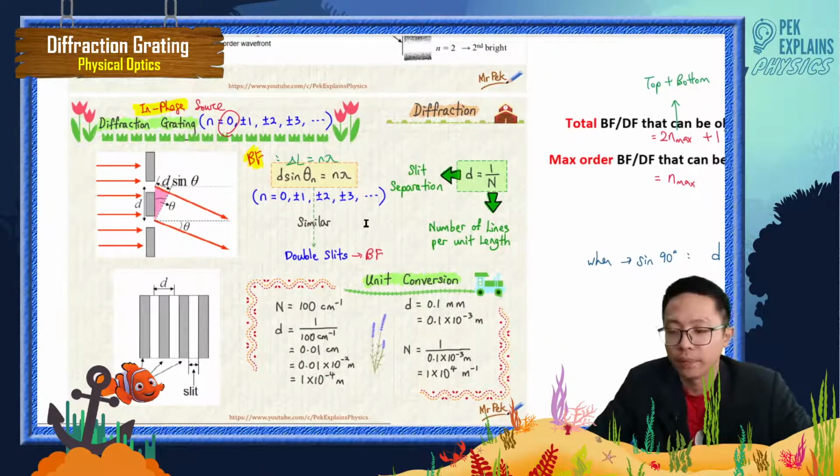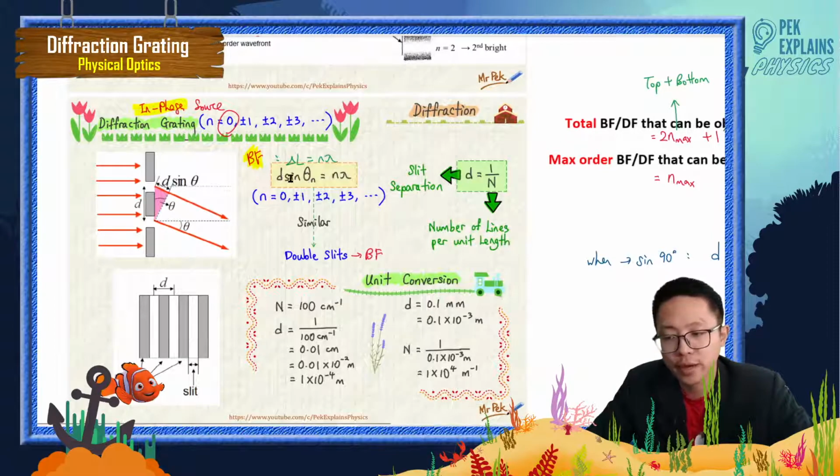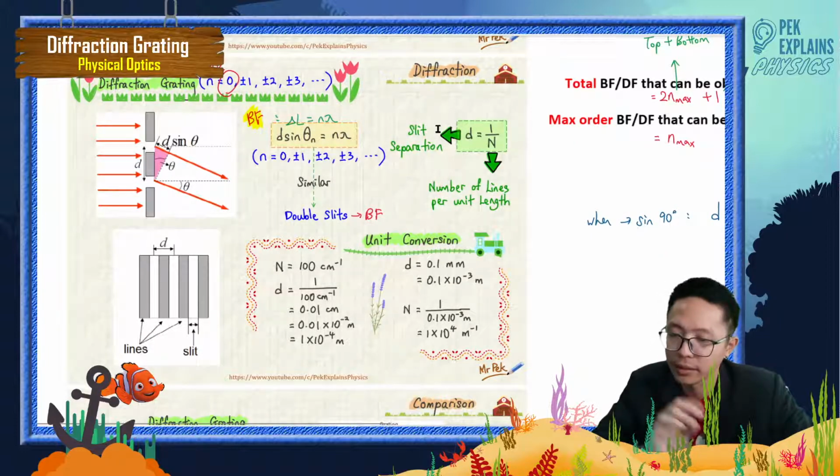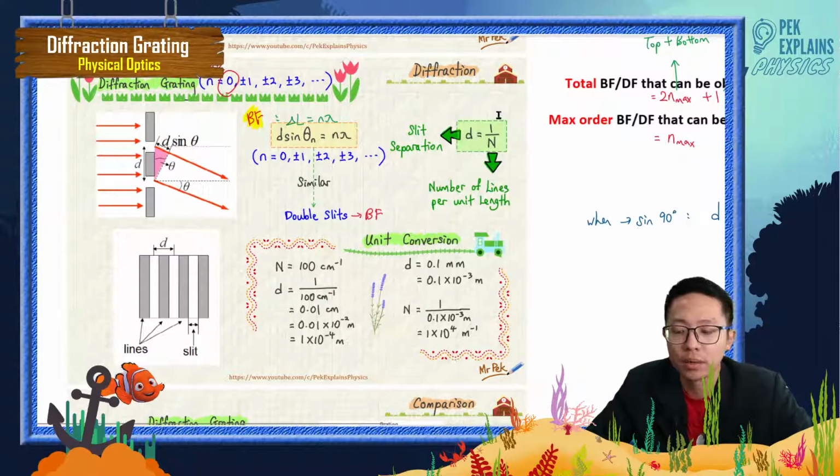So how to find this slit separation? Sometimes the question will give you the number of lines per unit length. This is n, the number of lines per unit length, and d is the slit separation. To find the slit separation you just take 1 divided by the number of lines per unit length.